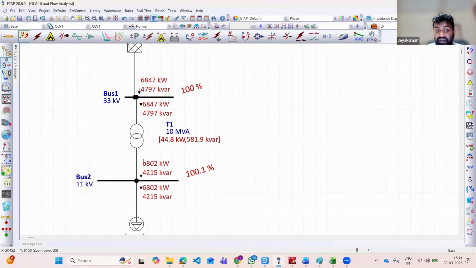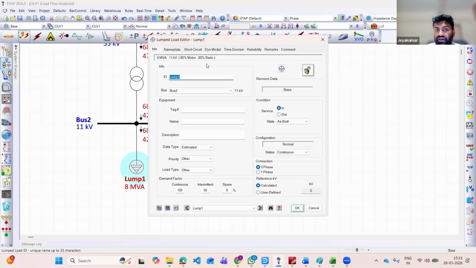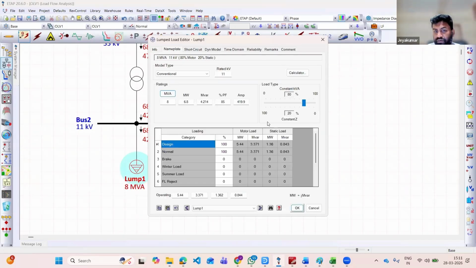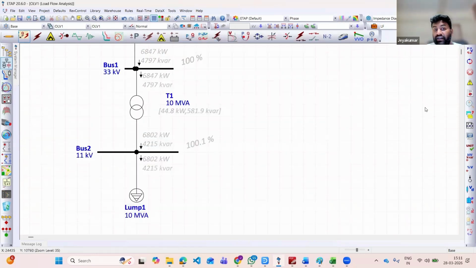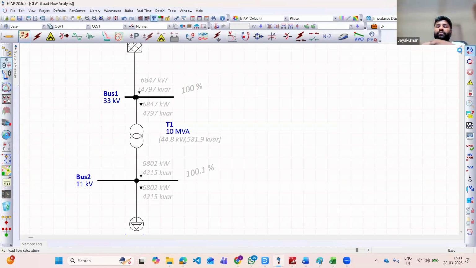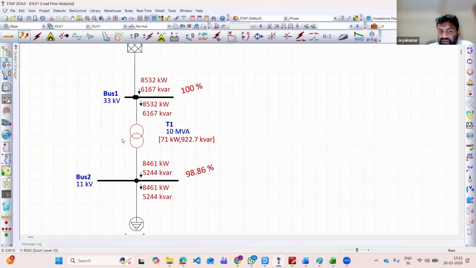Now you see that when I increase the transformer, please note down. For simplicity, let me put 10 MVA now. Let's run it. Generally, why is it showing in red color? Because your transformer is exceeding its capacity.